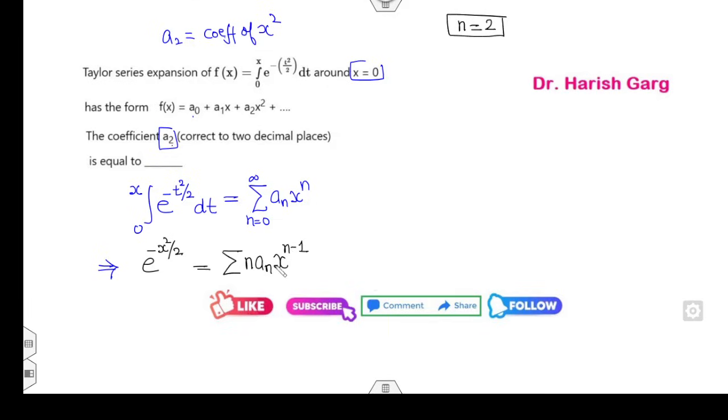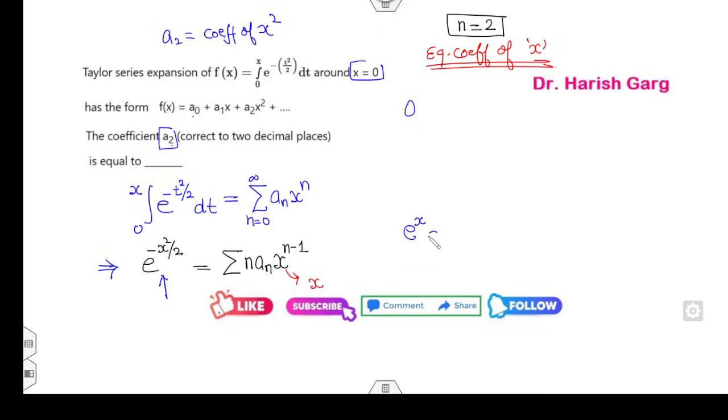Once you substitute n is equal to 2, this value becomes x. I can equate the coefficient of x on both sides. Fine. So what is the coefficient of x on both sides? There is no coefficient of x, because what is the coefficient of x in e raised to power x?